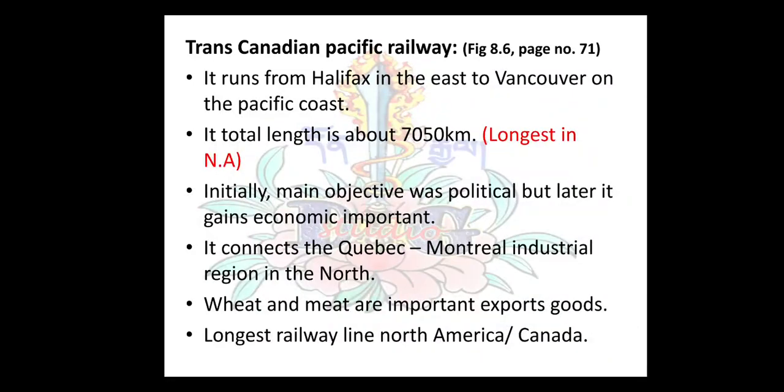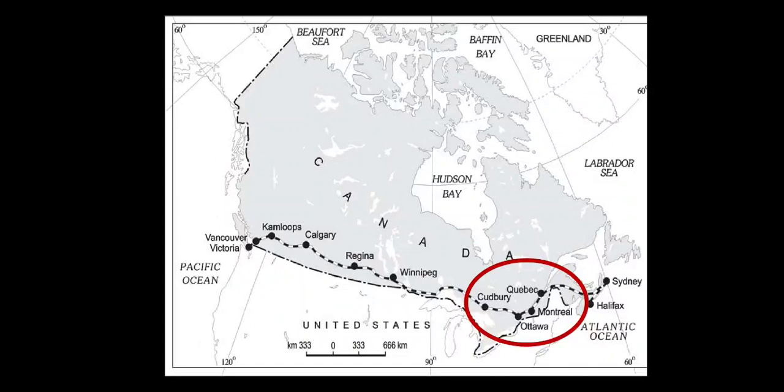The important goods transported on this railway line are wheat and meat. It is the longest railway line in North America as well as in Canada. So this is the map of the Trans-Canadian Railway.